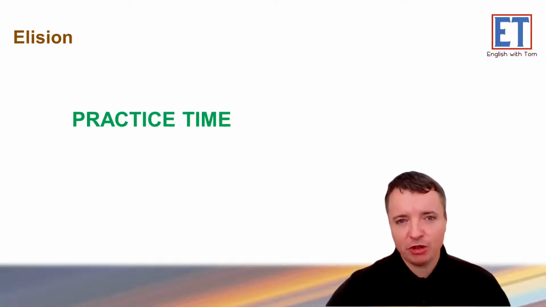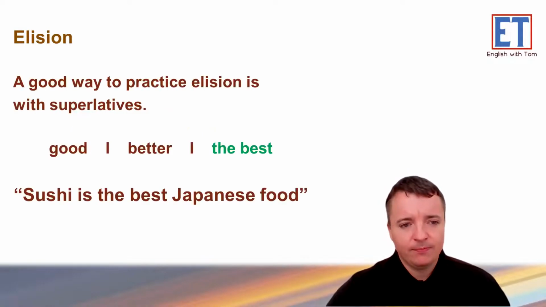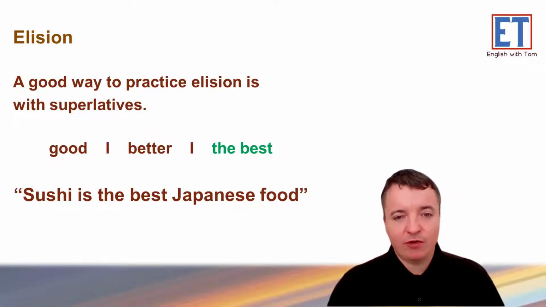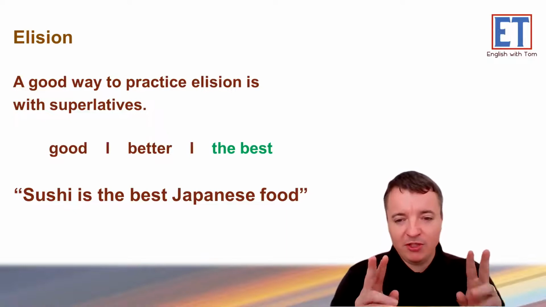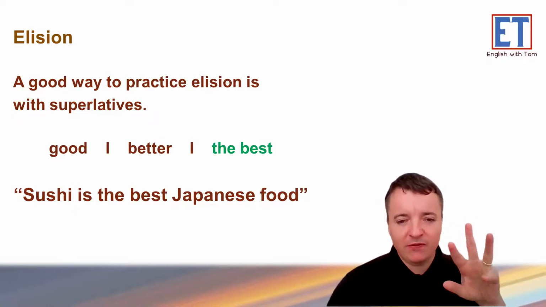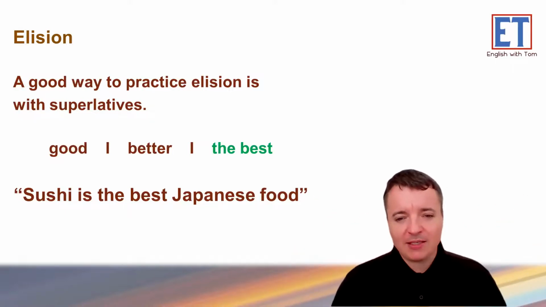So I have some discussion questions. And a good way to practice elision is with superlatives. So with adjectives, like for example, good, comparatives when you have 2, better, and superlative is like number 1, the best.